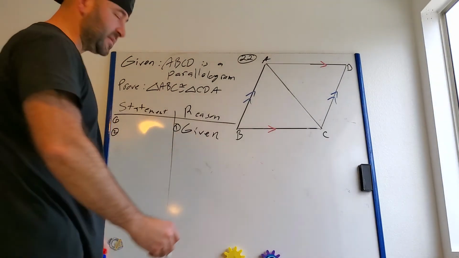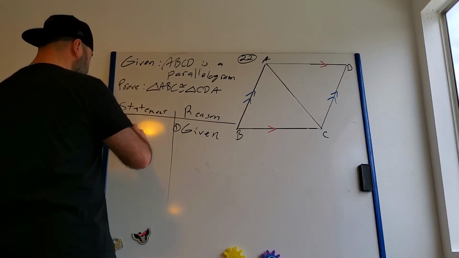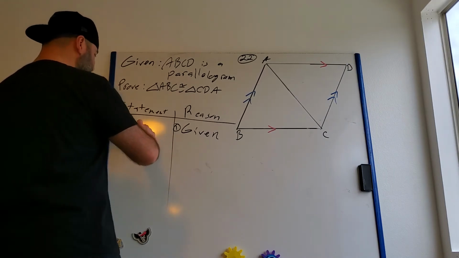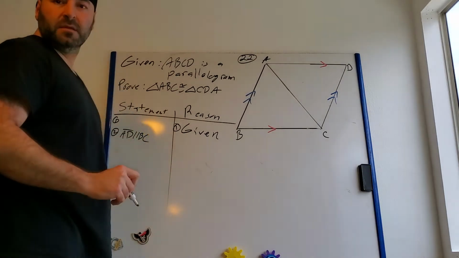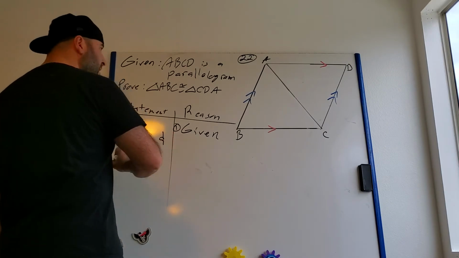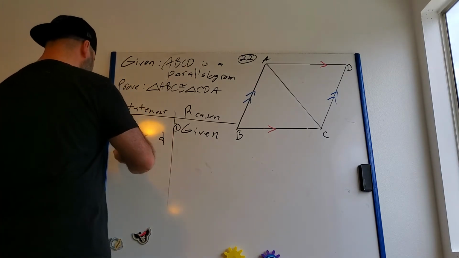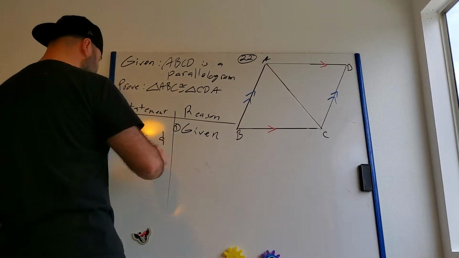The next statement says that AD is parallel to BC, and that AB is parallel to CD.